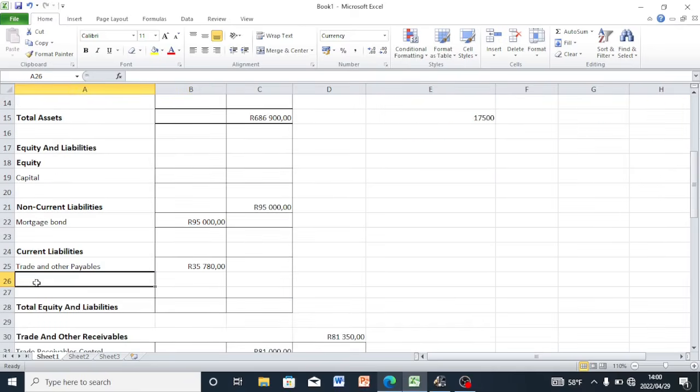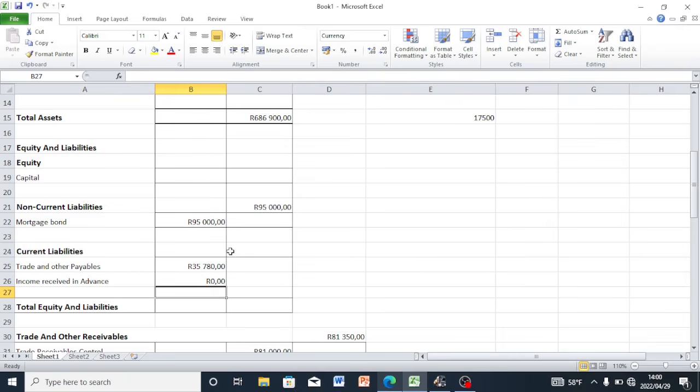As I've said, we should have income received in advance, but because on this activity we don't have any, it's just going to be the 0 there. So if we had bank as a credit balance, we were going to have our bank overdraft here. We were not going to have bank under cash and cash equivalents.